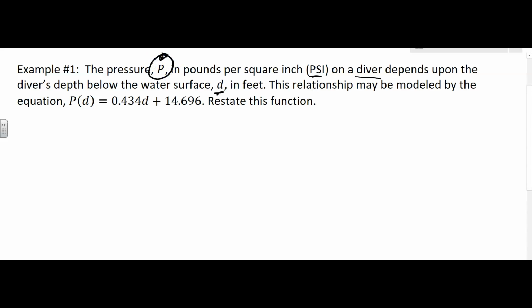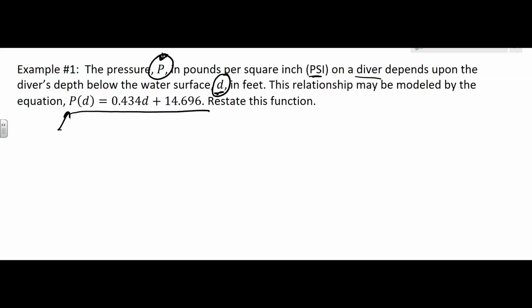Pounds per square inch, P, the pressure, and D is distance or depth below the water in feet. This relationship may be modeled by the equation, and they give us an equation. Now notice that the equation is talking about P of D. So the pressure based on the feet below the surface, the depth of the diver, okay?